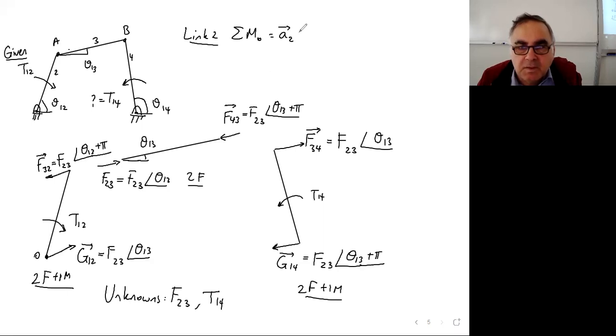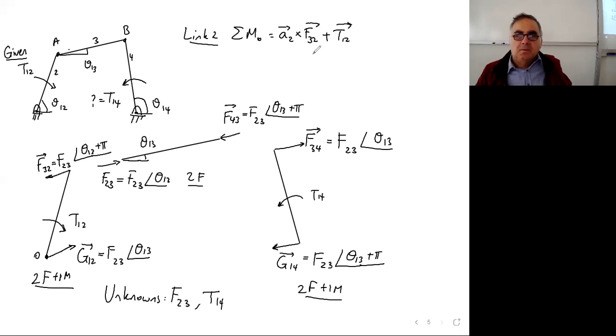A2 vector times F32 plus C12 as a vector. C12 is clockwise. I will write a minus there.